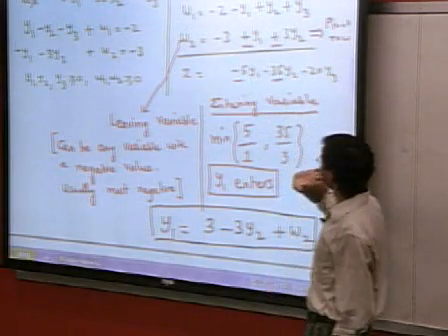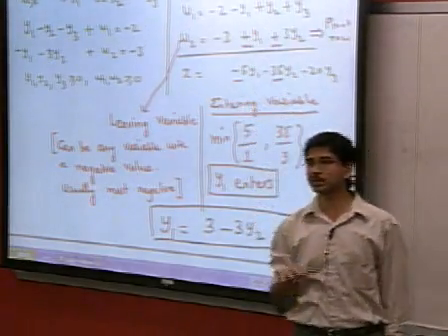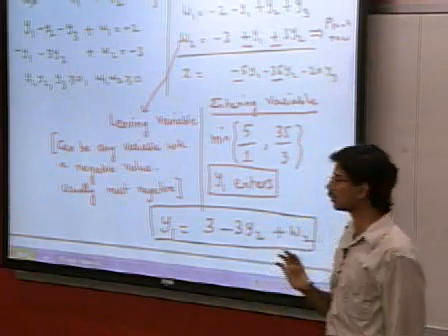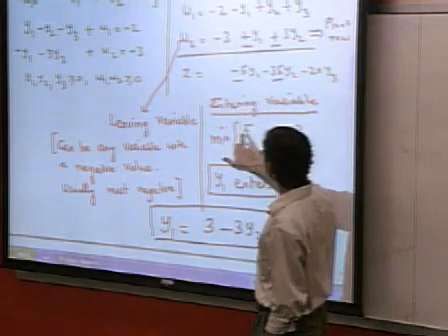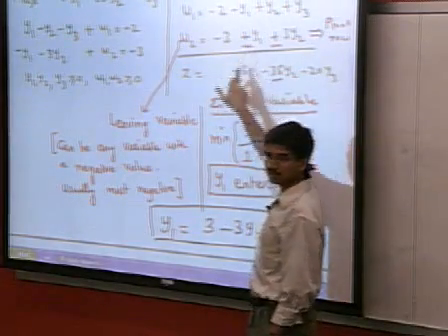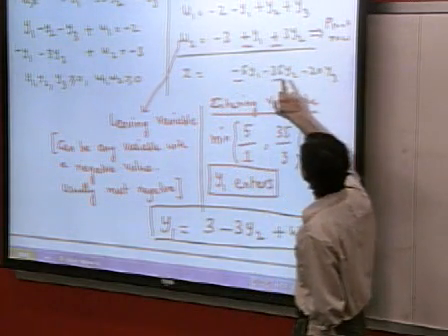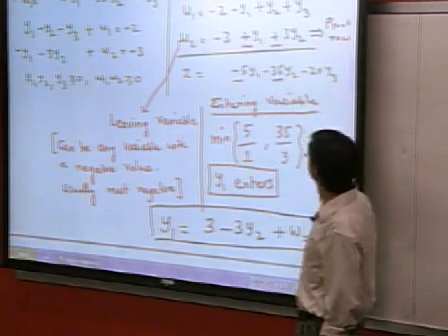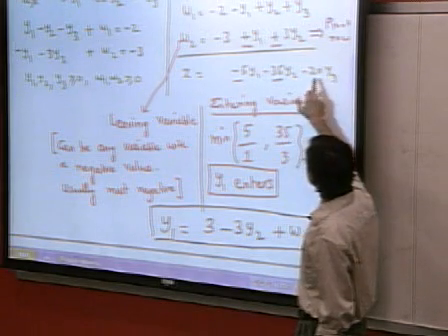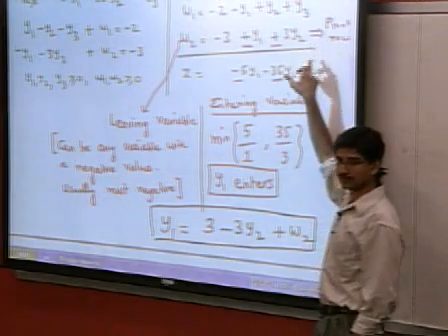Now, you observe that the coefficient in the last row by definition is always going to be non-positive. So you look at the negative of that quantity. So I have a minus 5, so I'm going to do 5 divided by 1. Similarly, for Y2, it's going to be 35 divided by 3. For Y3, it's actually going to be 20 divided by 0.